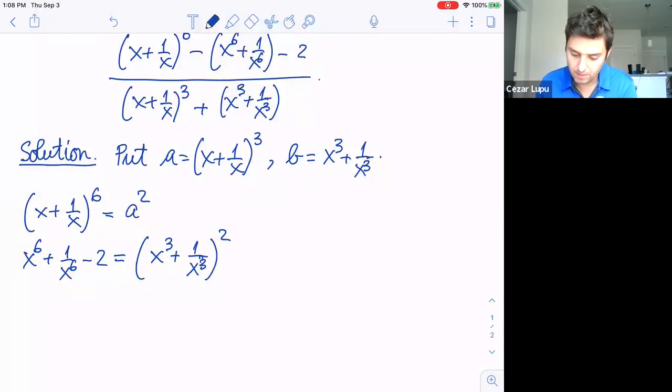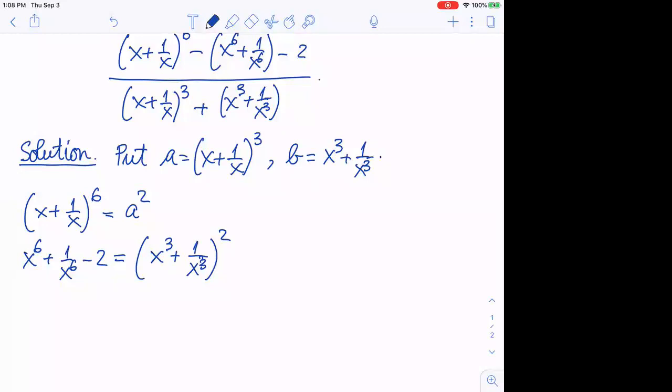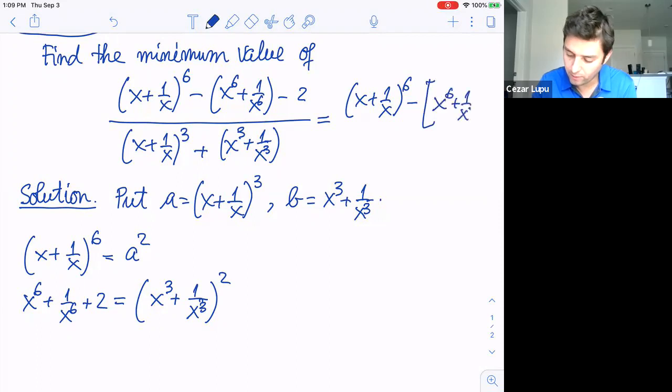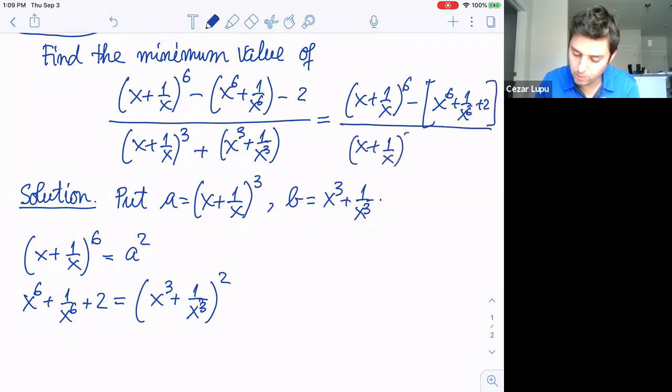So maybe here I should write plus 2, because this expression I can write as x plus 1 over x, everything to the power of 6, minus x to the 6th plus 1 over x to the 6th plus 2, everything over x plus 1 over x, everything cubed, plus x cubed plus 1 over x cubed.